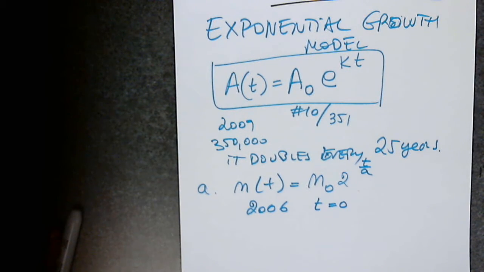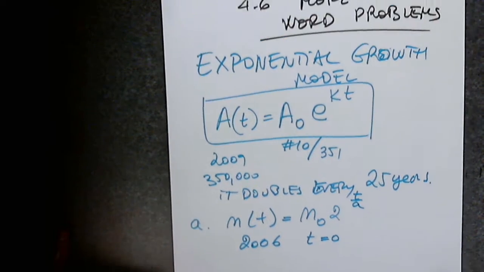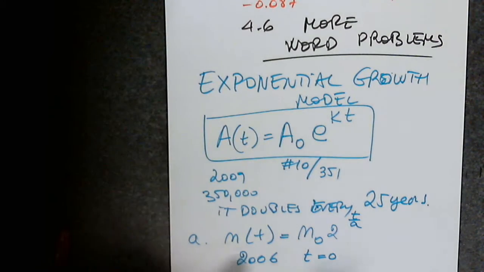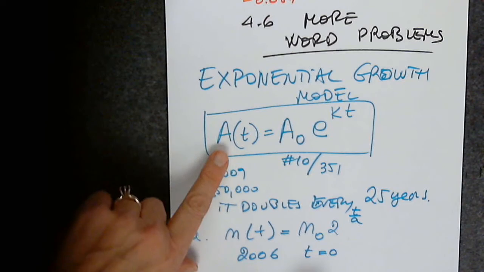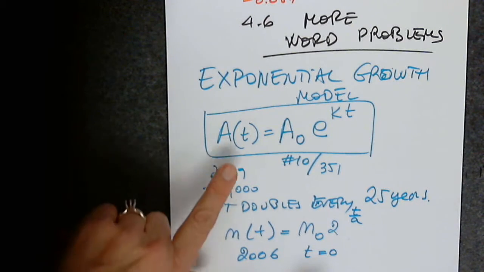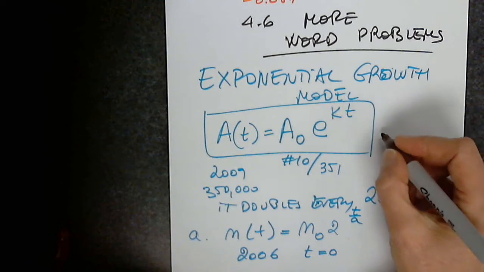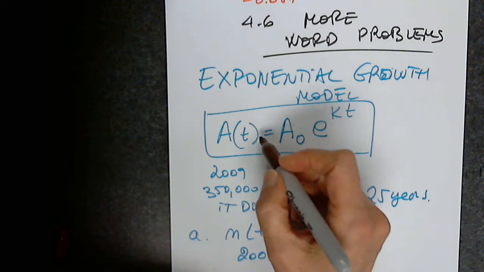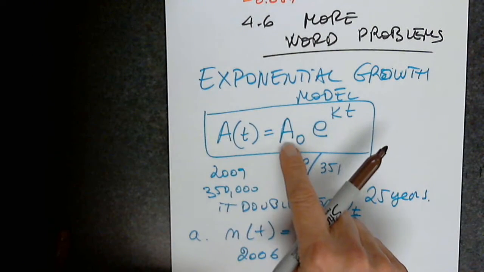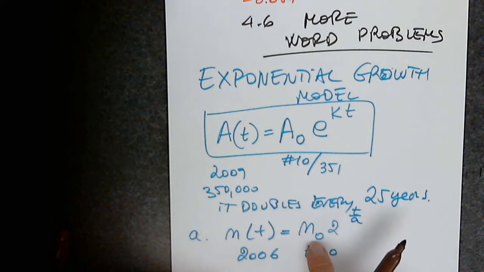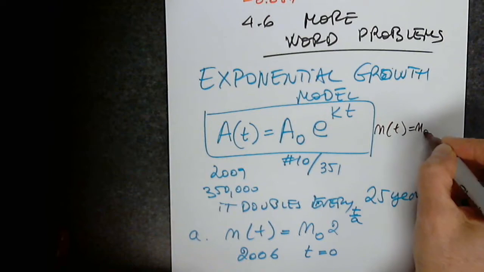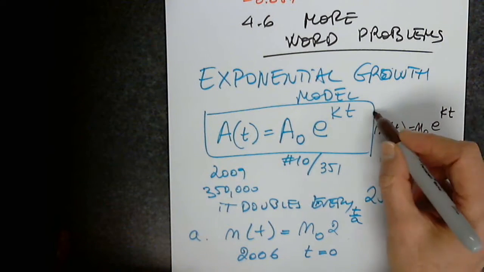Now, the first thing I have to address is that this model can be rewritten in terms of number. Forget about the doubling one for a second. If we don't use a, we can use n. So it will be n of t equals n0 times e to kt.